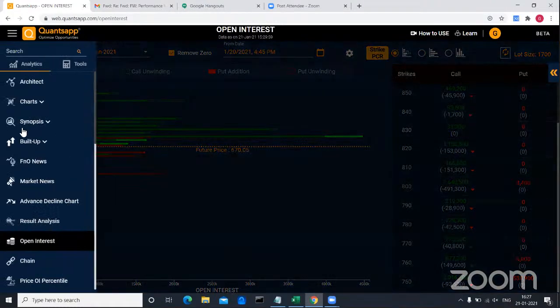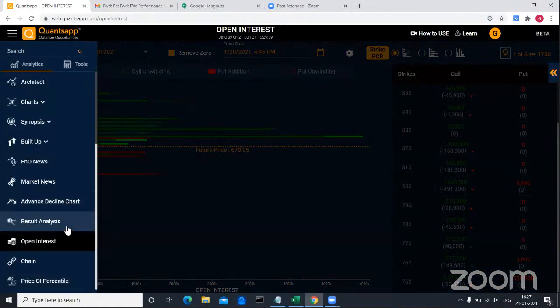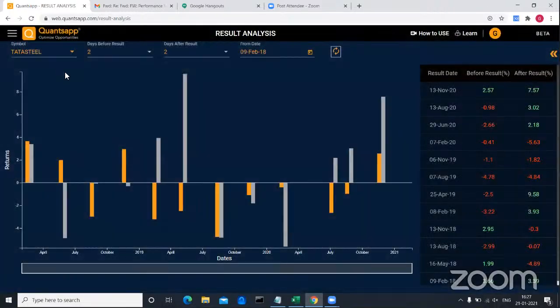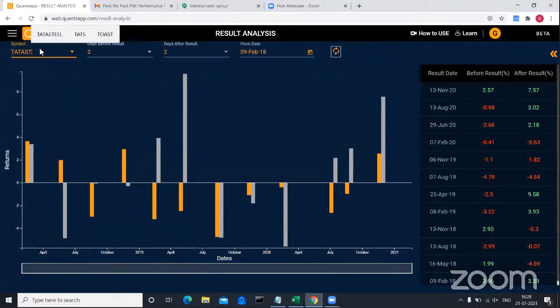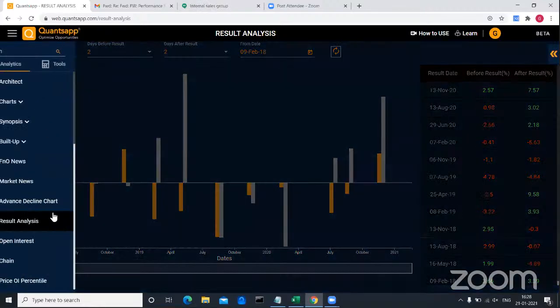Now we'll go to analysis. Sorry. So this is Tata Steel. Okay, we have the Tata Steel. So as we don't know about the... one second.